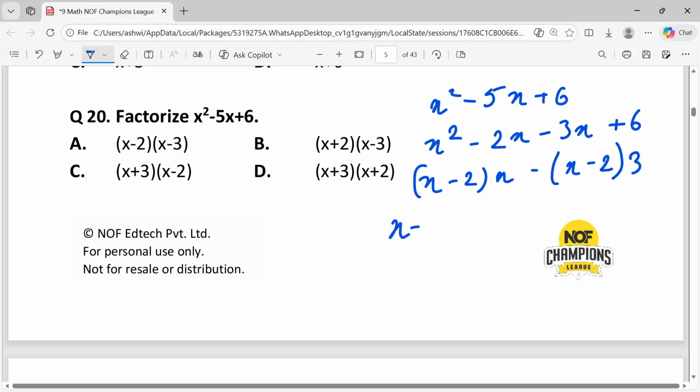That is (x minus 2)(x minus 3). Comparing with the given options, the answer is A.